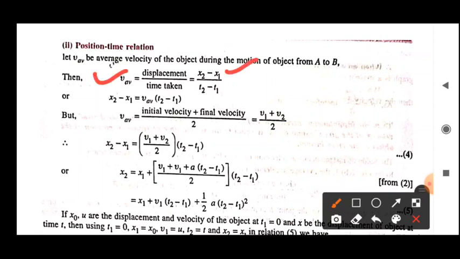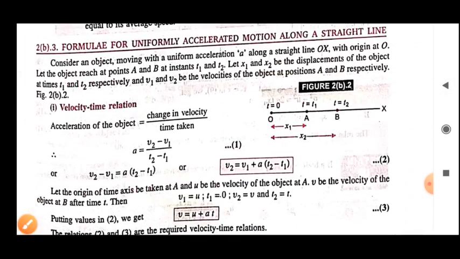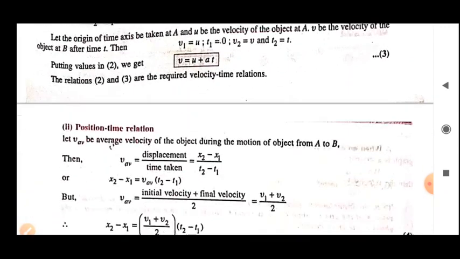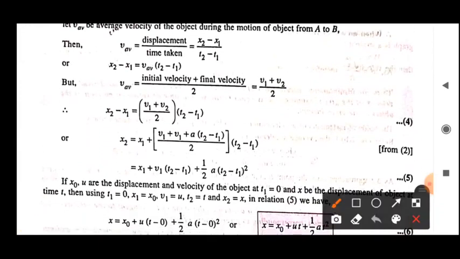Displacement is x2 minus x1, so again see this figure and make it for help. It will be x2 minus x1 over t2 minus t1. From here you can write x2 minus x1 is equal to v average times (t2 minus t1).